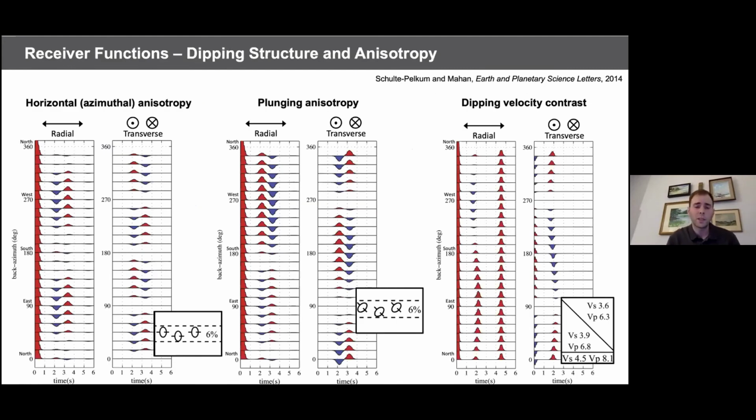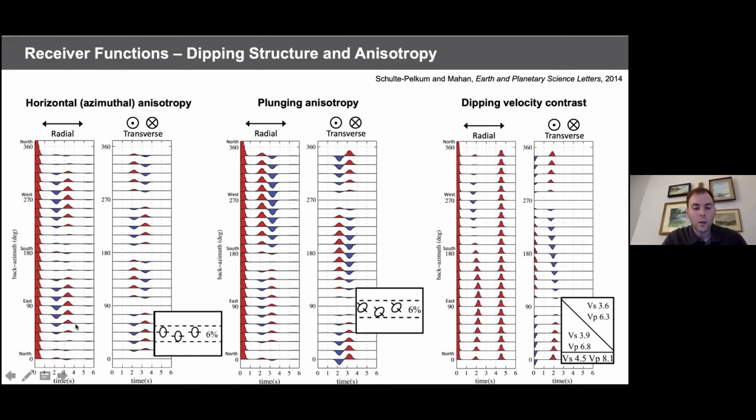So here's a couple of examples. And so we're plotting all of these receiver functions. These are just results from a recent study that's looking at this phenomenon. These receiver functions are plotted according to back azimuth. So whether the earthquake was to the north of the station, south, and so forth.